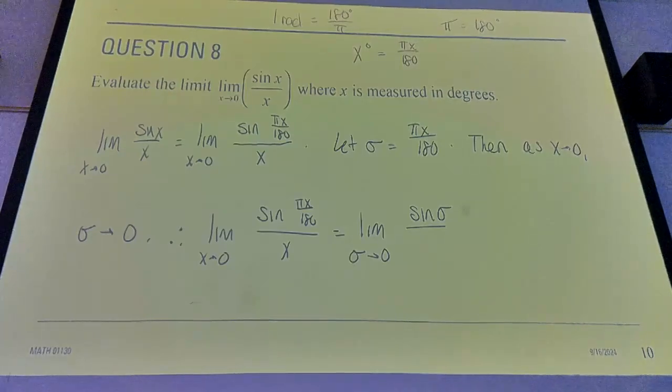If sigma's pi x over 180, what is x? Solve for x. Sigma times 180 over pi.